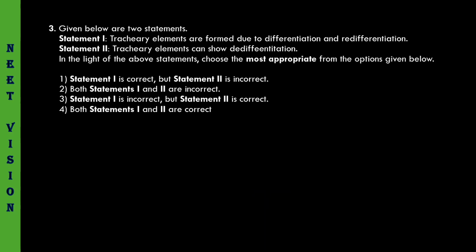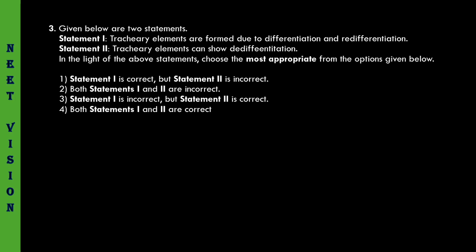Coming to the next question. Statement 1, Statement 2. Tracheal elements are formed due to differentiation and redifferentiation. Absolutely true. They are formed from the derivatives of procambium by differentiation. They are also formed from derivatives of lateral meristem or vascular cambium by redifferentiation.